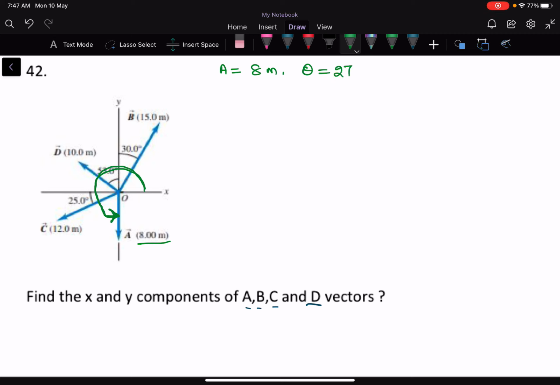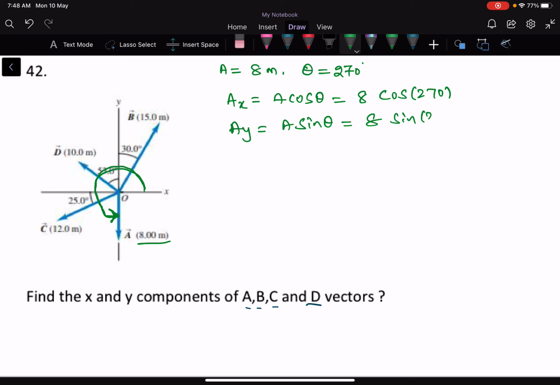270 degrees. So now you can find Ax equal to A cos theta. A is 8, so 8 cos 270. Similarly Ay is A sin theta, 8 sin 270. In this way you can find the components of the respective vector if you know the magnitude and angle.